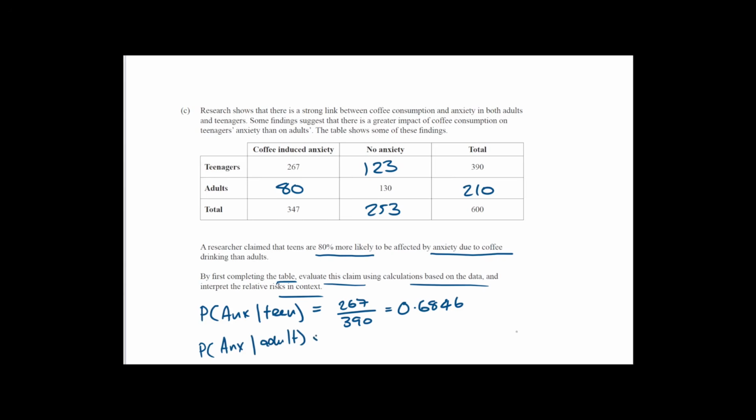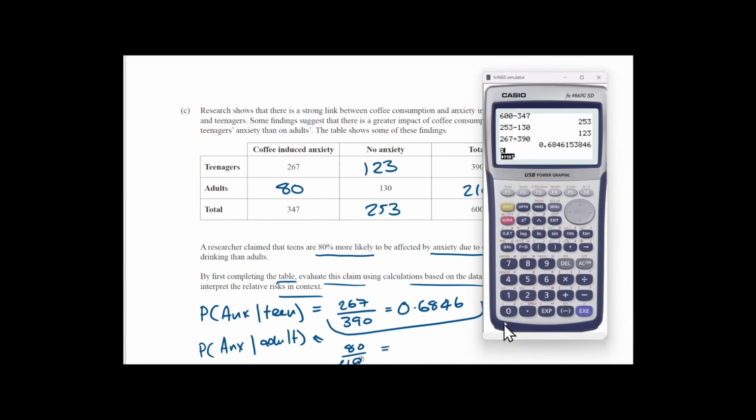So that's going to be equal to the number with anxiety that are adults, given the number of adults. So that's going to be 80 over 210. So that's 0.3809.